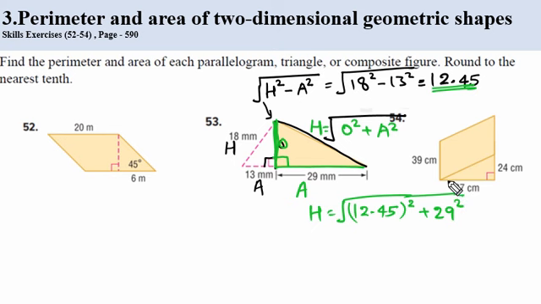Okay, let's solve this. Square root of 12.45 squared plus 29 squared, and that gives us 31.56 millimeter, okay? And this is also in millimeter.